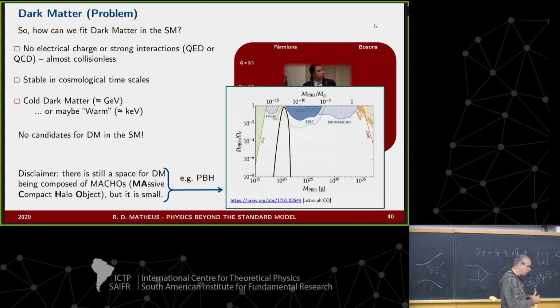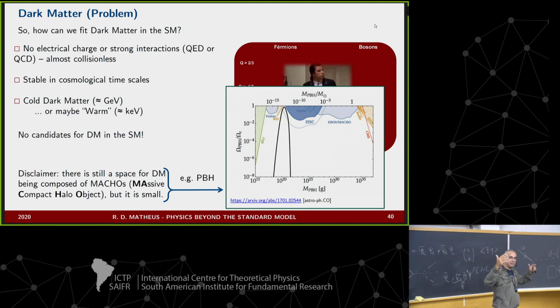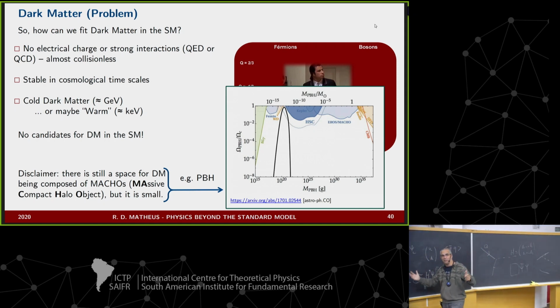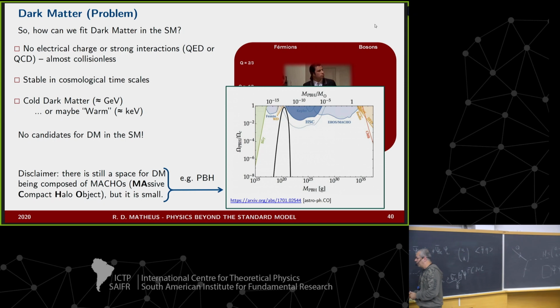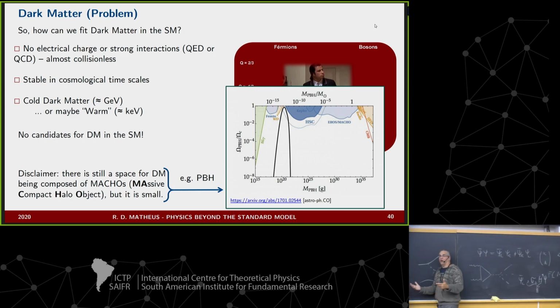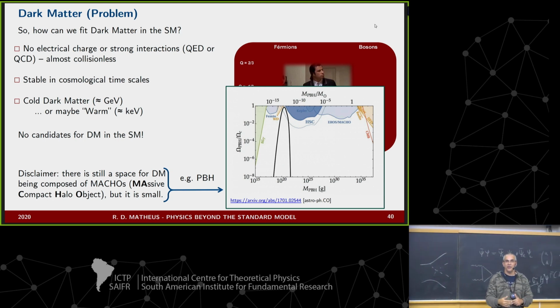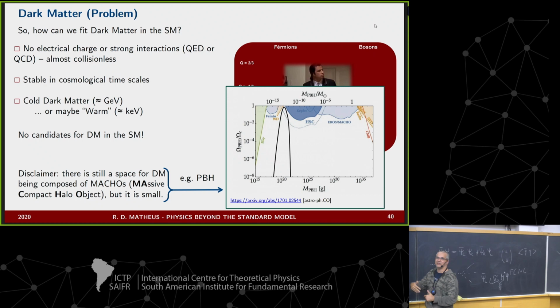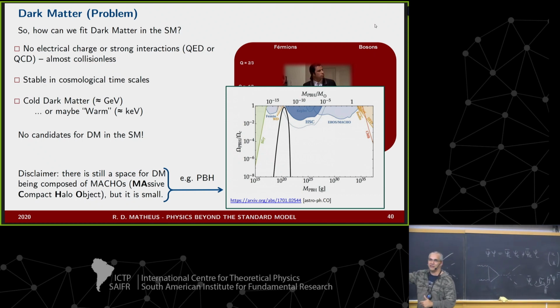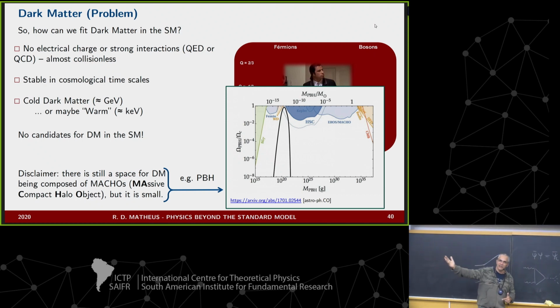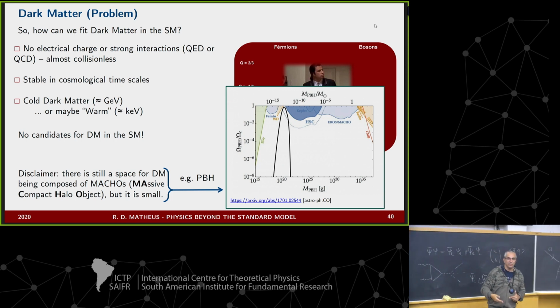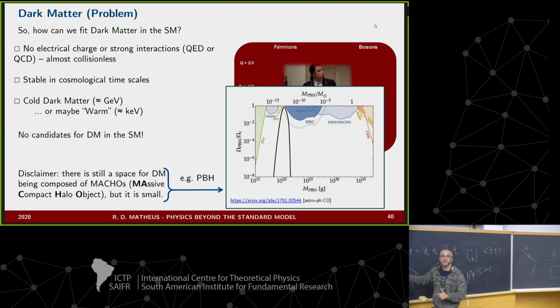Now, if you want to go forward in energy, build bigger and bigger accelerators and get more and more money from politicians, things get harder, because now all these problems can be solved at any scale. If you throw away the hierarchy problems, you could have a solution for dark matter at 1 TeV, 100 TeV, or 100,000 TeV. Nobody knows. That depends on the coupling of dark matter. Could be much weaker than the weak scale, for instance.